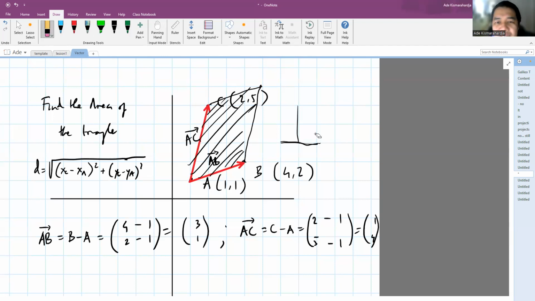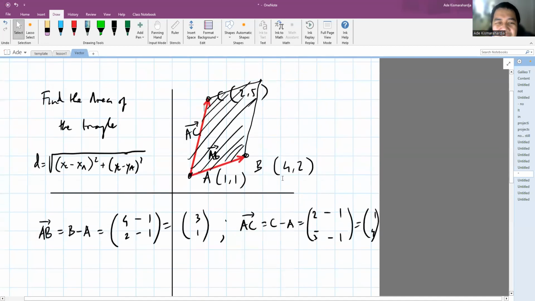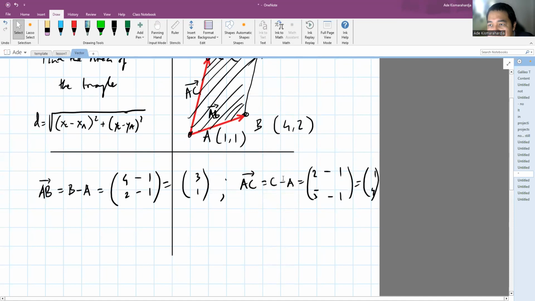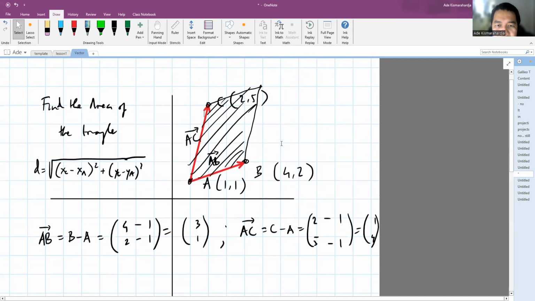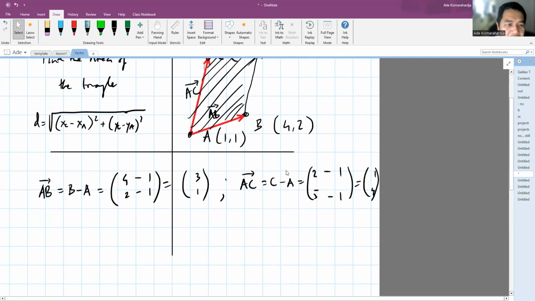But if the points A, B, C are quite random on the 2-dimensional space, we need something more general. We could use a simpler situation, where, for example, one of the sides is horizontal, so you can get the other side and you can see the height. But in this case, I just want to show you how we calculate the area of the parallelogram.